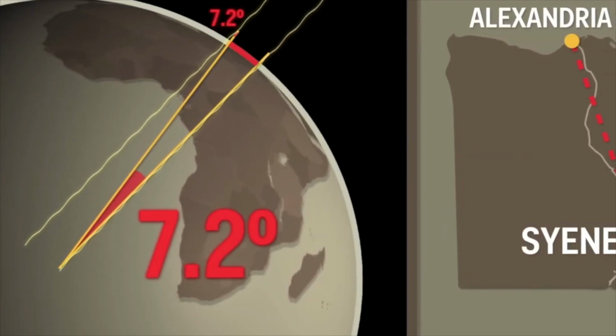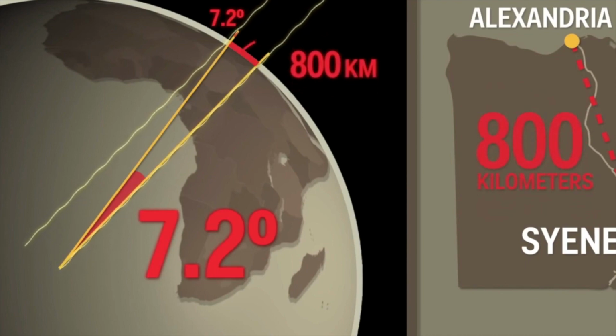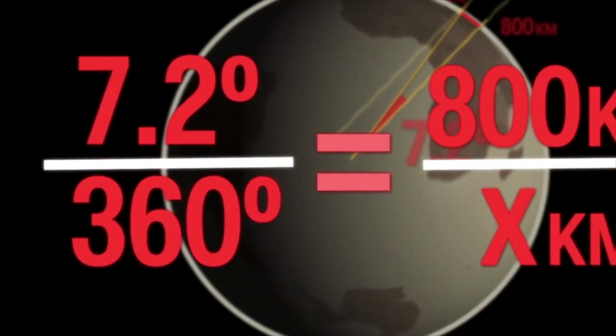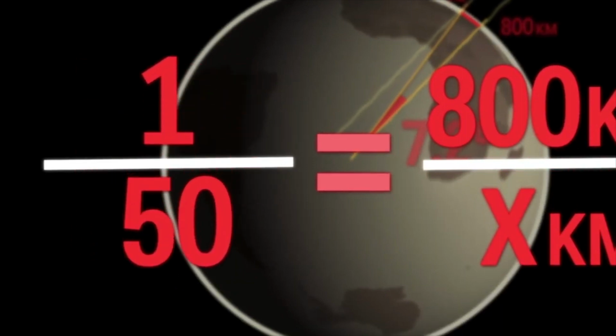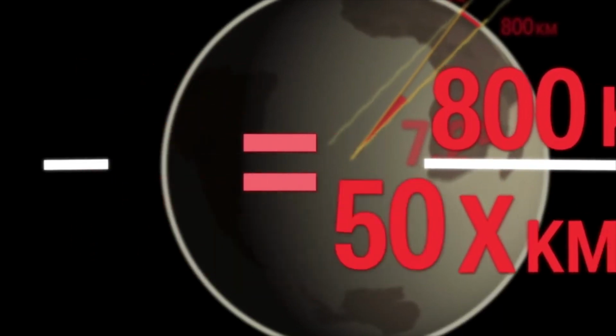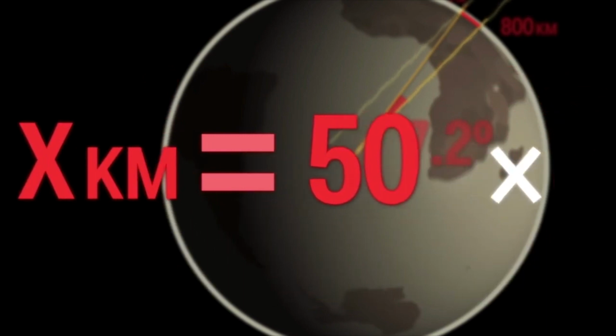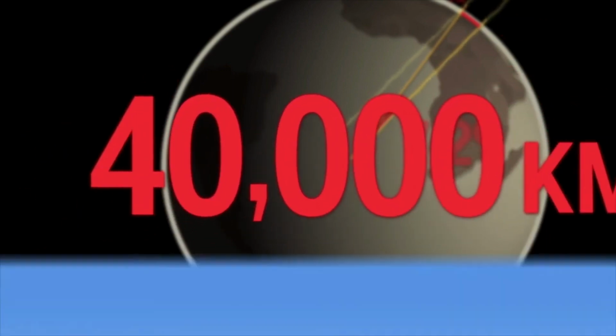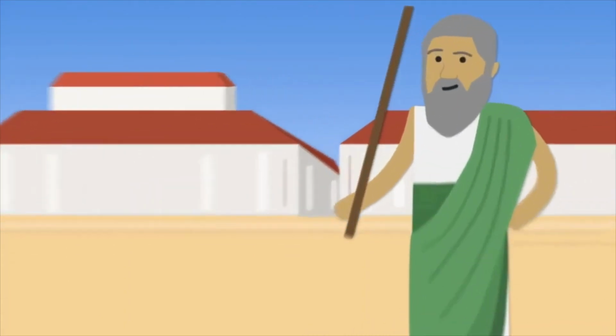And if we know the arc length, which was measured at 5,000 stadia or about 800 kilometres, we, using simple ratios, are able to work out an estimate for the circumference of the Earth at about 40,000 kilometres. Not bad for a mathematician with a stick, a sun and a brain cell.